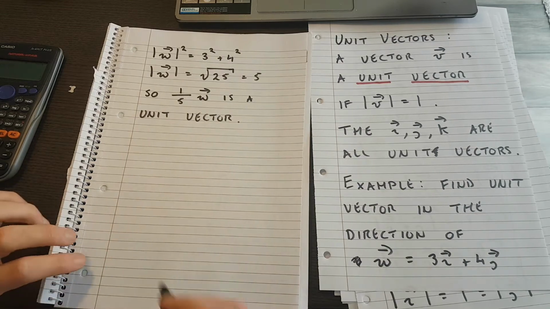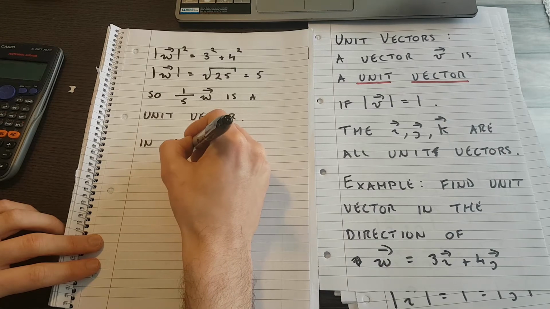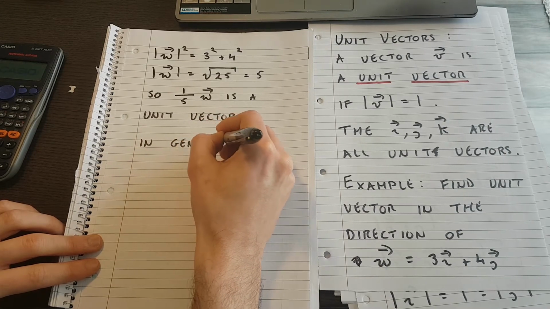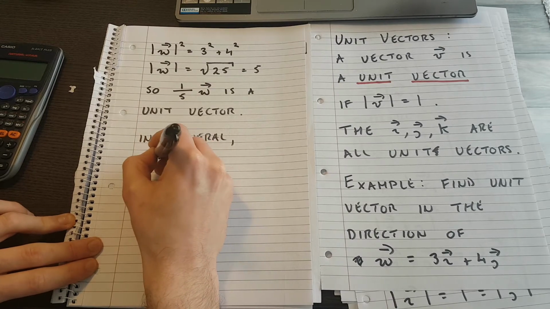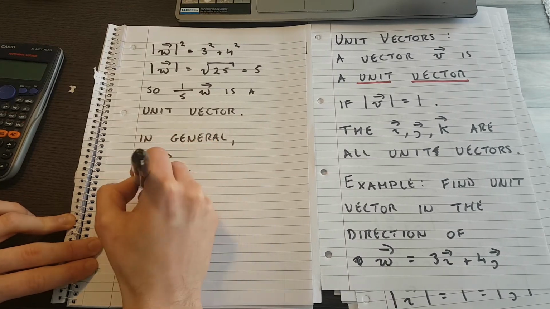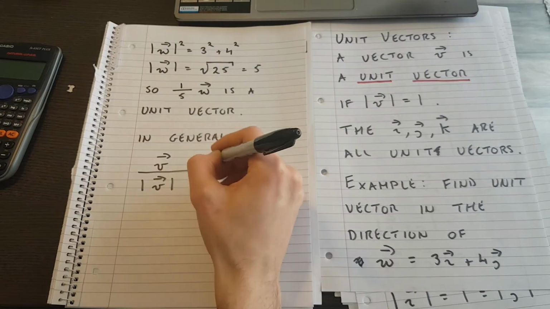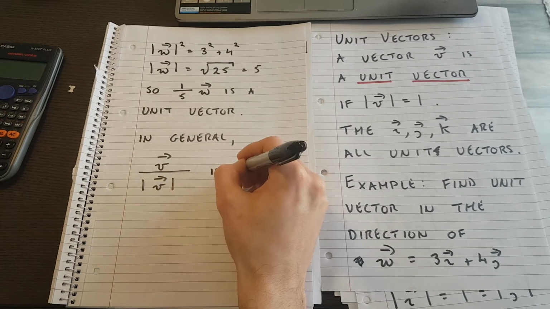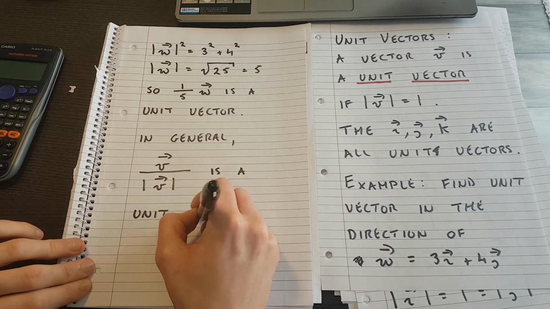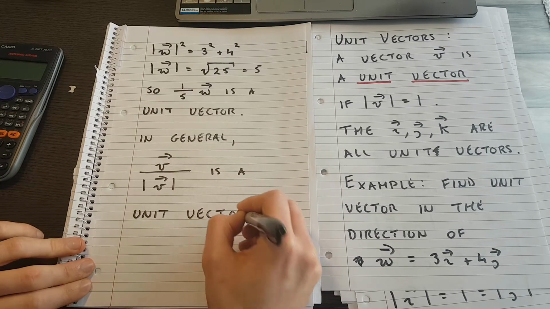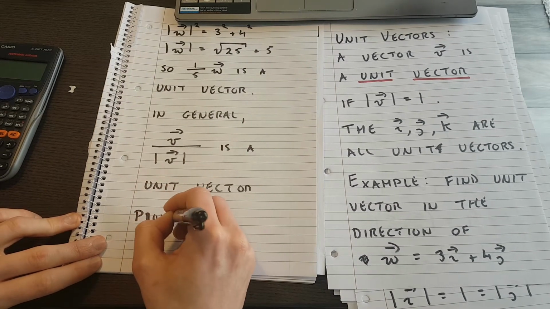And in general, if I have any vector v and I divide it by its length, this is a unit vector, provided it's not 0.